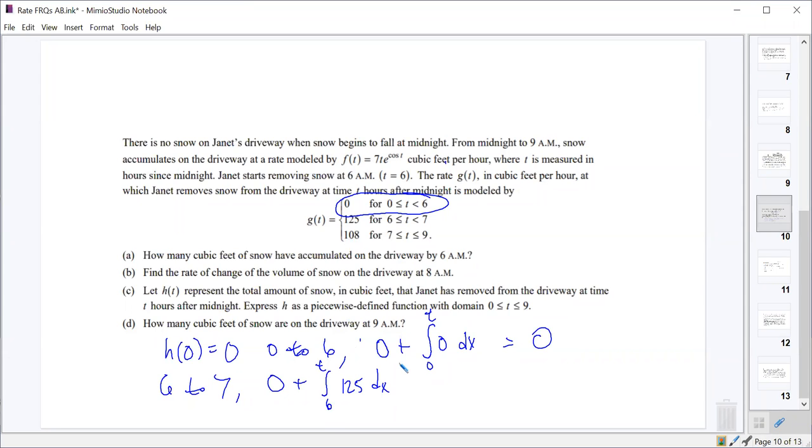So the integral of 125 dx is just 125 x, and we'll evaluate that from 6 to t. So that ought to be 125 times t minus 6 from 6 to 7. So if you plug any value in between 6 and 7, that tells you how much snow has been removed. Everybody okay with that so far?